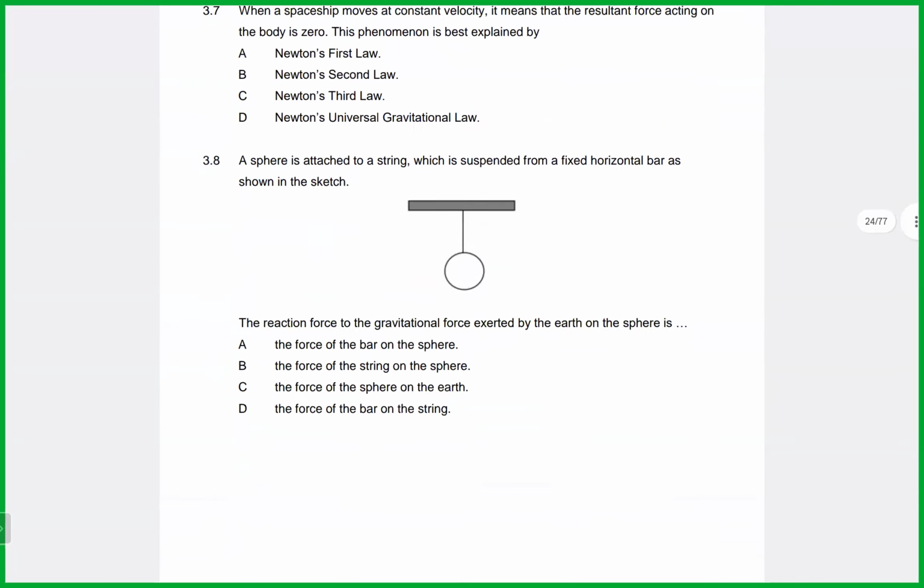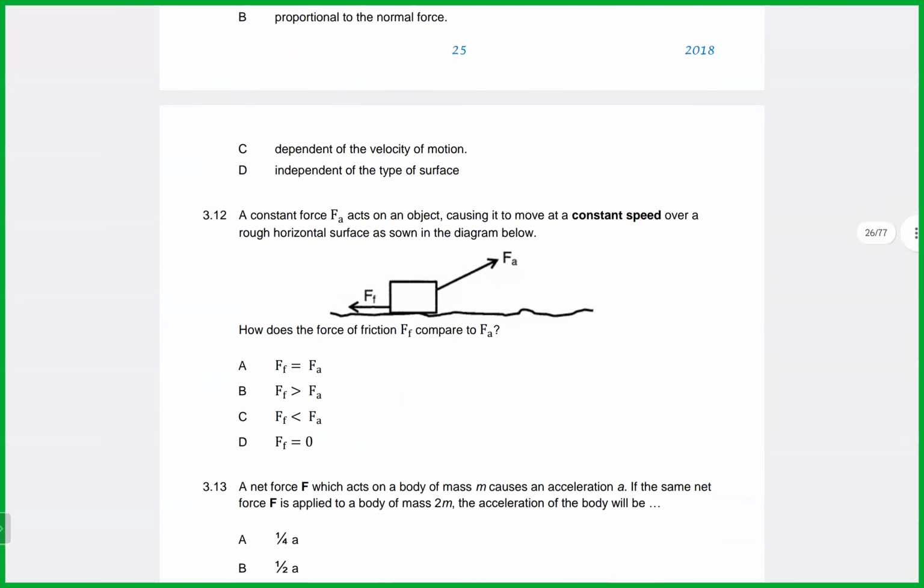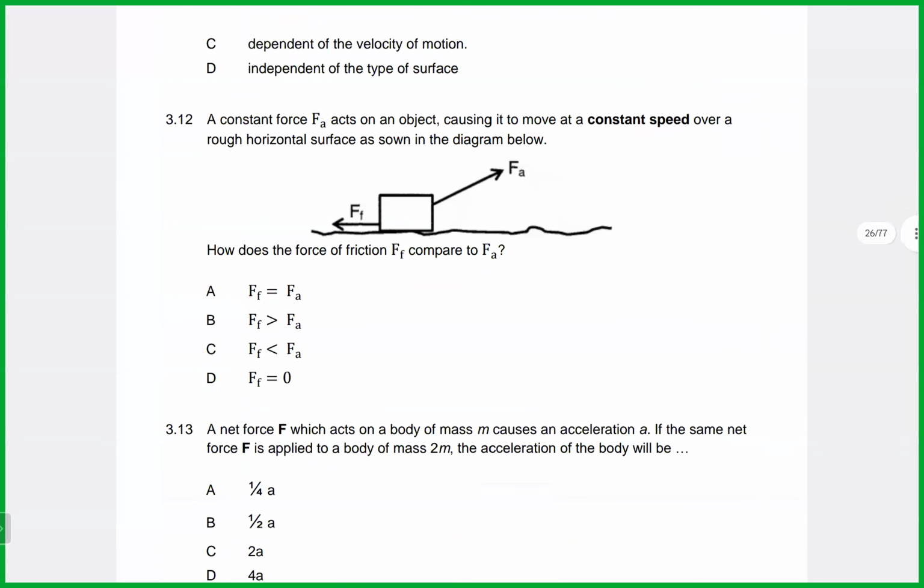Right, let's give you a hard question. I'm just going to look for a hard question. Here, 3.12. A constant force Fa acts on an object, causing it to move at constant speed over a rough horizontal surface, as shown in the diagram.